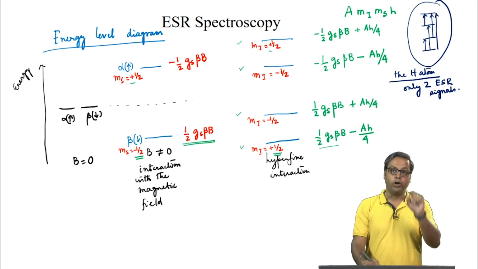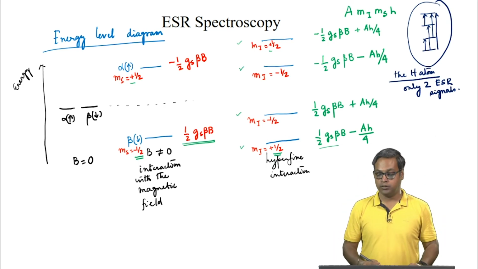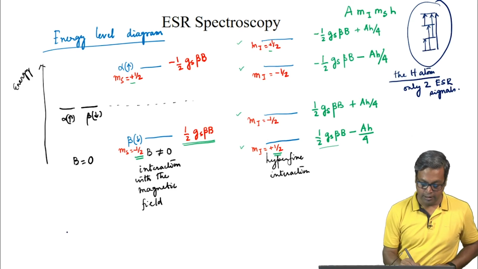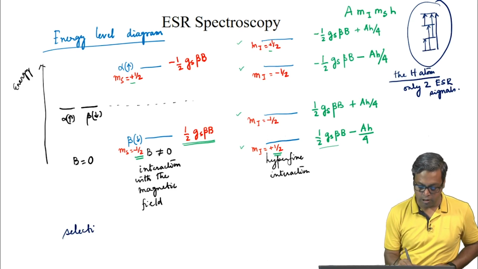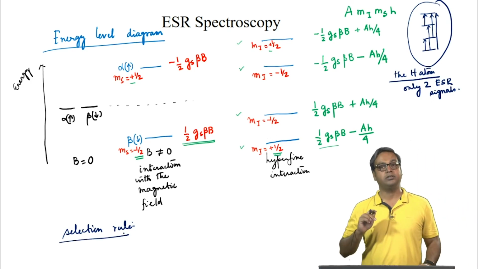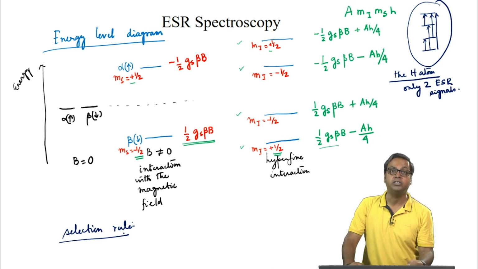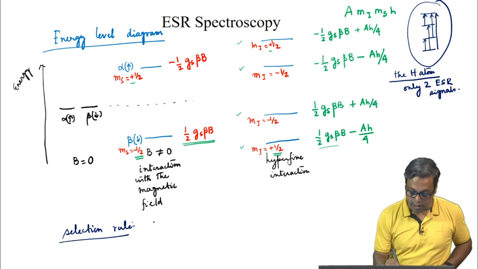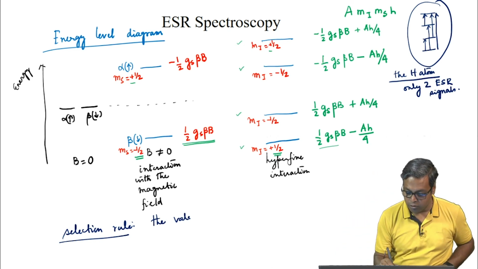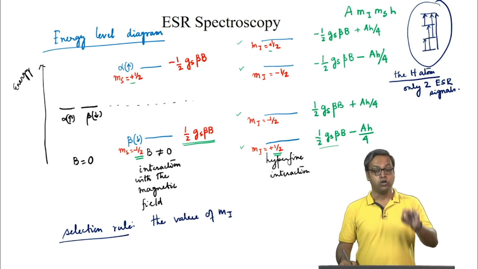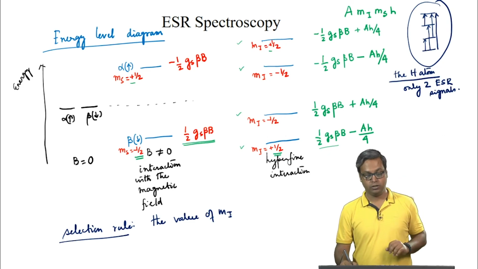At this point we need to focus on what is known as the selection rule for ESR transitions. The selection rule for such transitions states that the value of m I should not change.